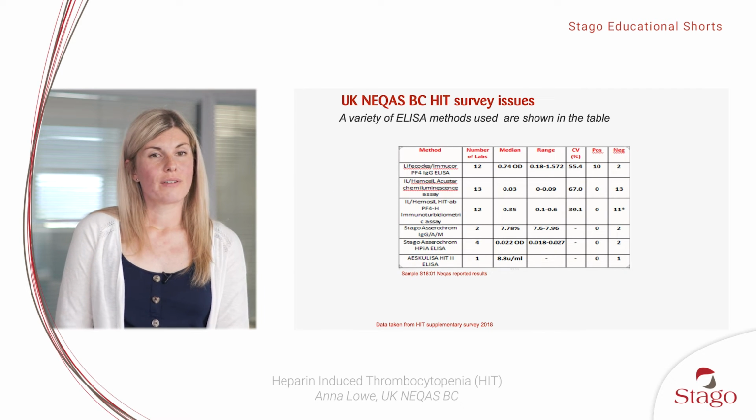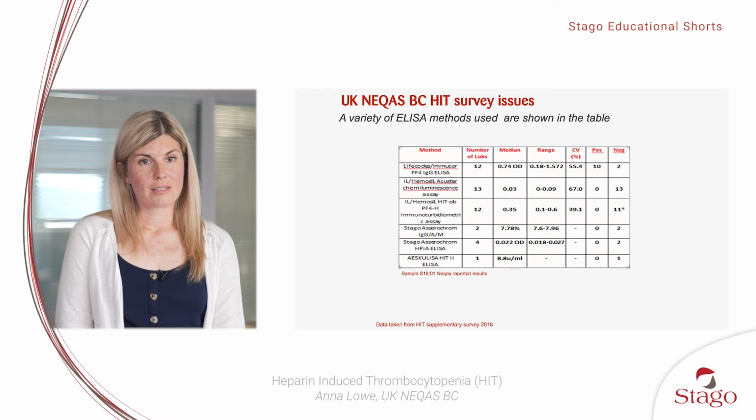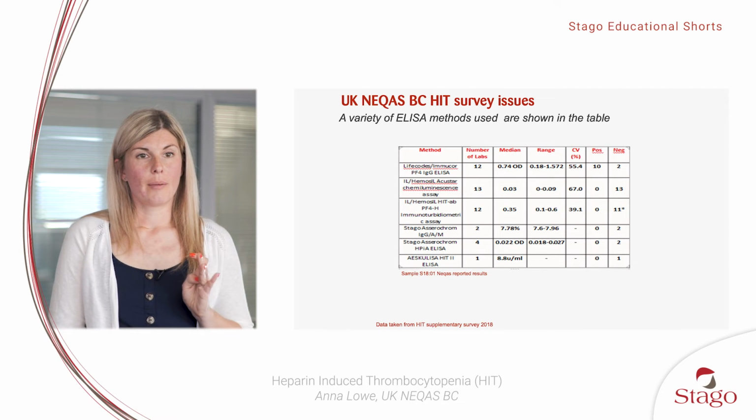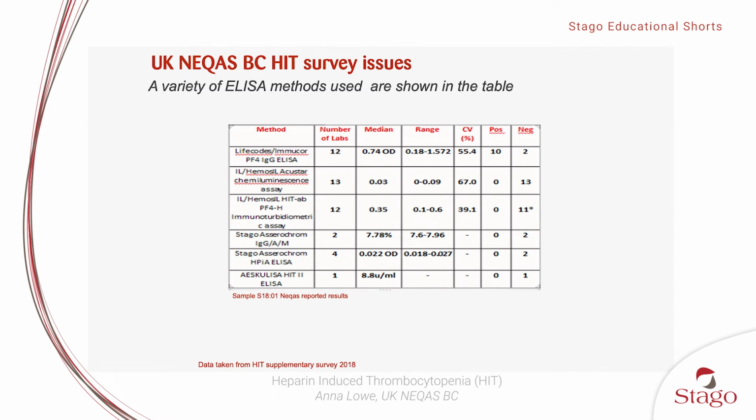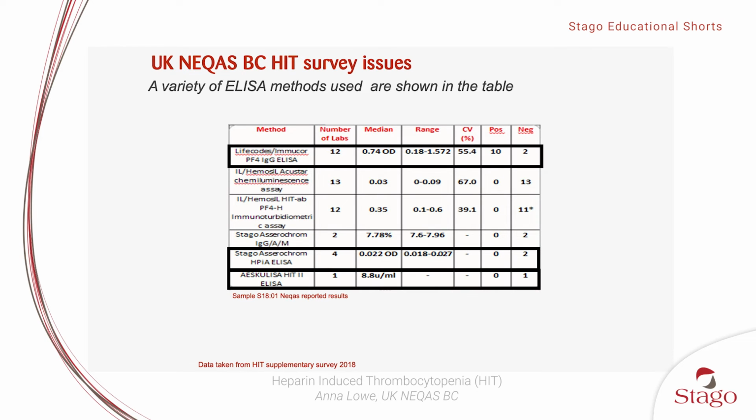So an example of one of our HIT surveys, here we've got on the screen results that were taken from a survey back in 2018. The details within the table show a variety of ELISA methods which are used by participants and the results that they reported.